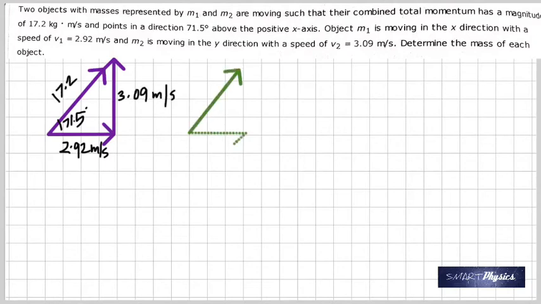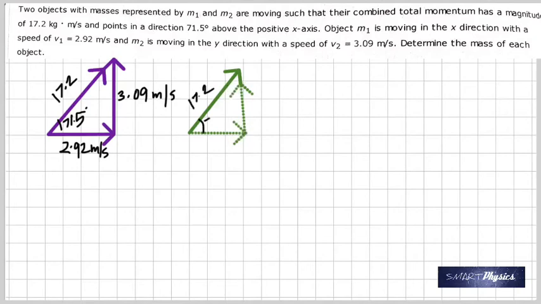Now the idea here is that if you take the components of 17.2 along the x and the y, along the x that's going to be the cos component, and along the y it's going to be the sine, because this is the adjacent side and this is the opposite side. When you take those components, you must get the momentum of each one of the objects.